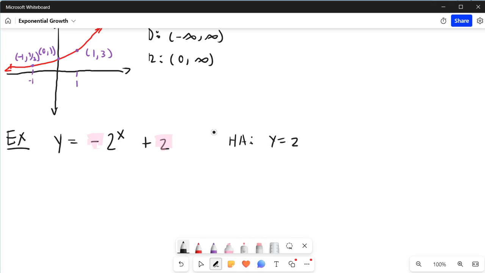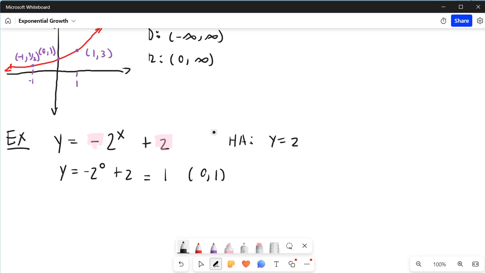So what I'm trying to say is that if you plug in 0, here you have y equals -2 to the 0 plus 2, but that's equal to 1. So when you plug in 0, it's going to be equal to 1.